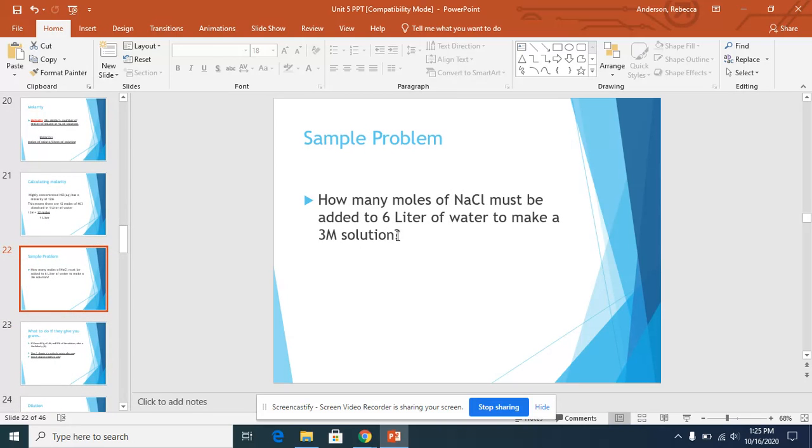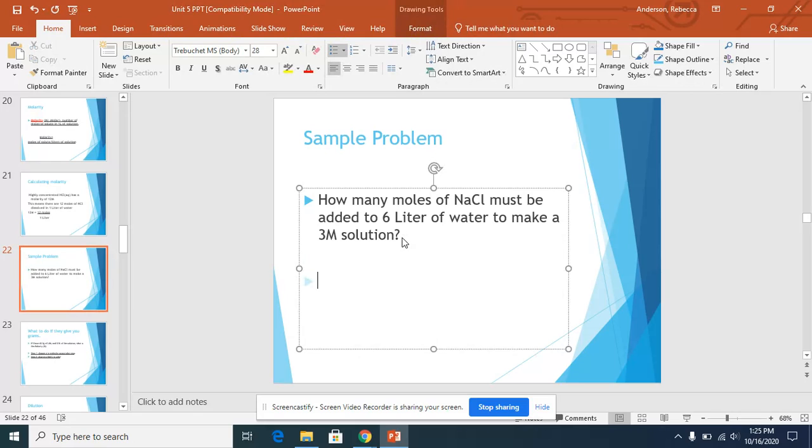So, here's a sample problem. How many moles of NaCl must be added to 6 liters of water to make a 3 molar solution? So we know it's capital M equals moles over liters. So if we fill this in, do we know what capital M is? Yes, this is a 3 molar solution. So we know 3 is going to equal the number of moles divided by the liters.